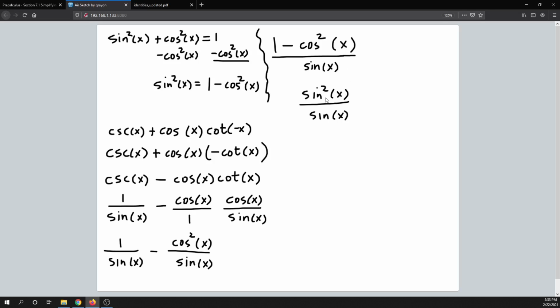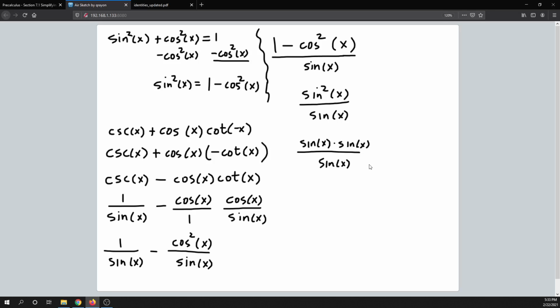It also has the advantage that it leads me to another simplification, right? I have sine squared x over sine x. So if you think about what sine squared x is, that's just sine x times sine x, right? And on the bottom, I have sine x. All right, so if you write it out like this, you can easily see, hey, I have a common factor of sine x between the numerator and the denominator of this fraction, right?